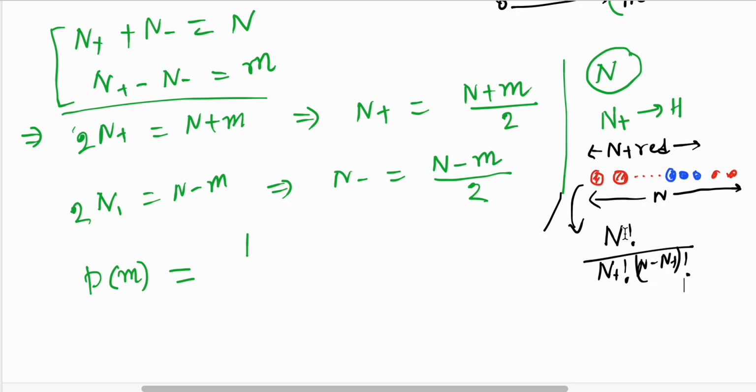Now this is actually similar to this question. That means in how many ways will you get n plus heads out of n tosses? That is simple: n factorial by n plus factorial times n minus factorial.